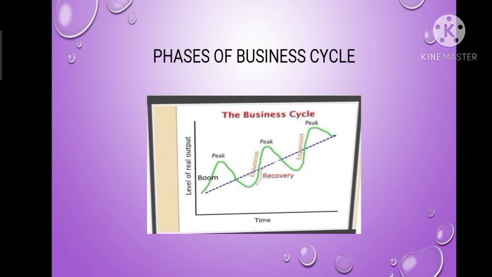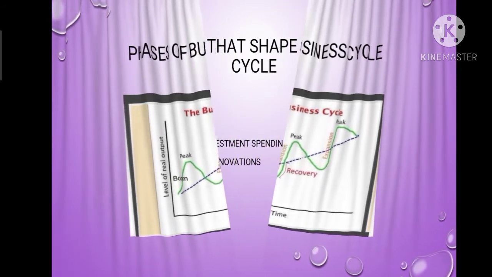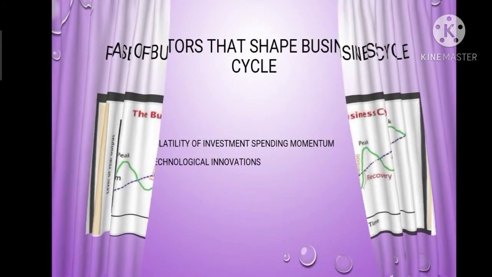Hope you got these phases. What are the phases? Boom, peak, recession, which is not mentioned in the diagram, depression and then recovery. These are the different phases of business cycle. In the diagram, level of real output is taken on the y-axis and time on the x-axis.